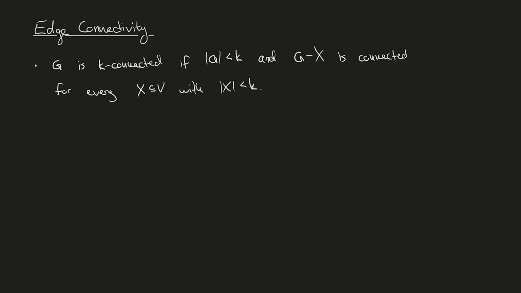Another way of saying this is that it's impossible to disconnect G by removing strictly less than k vertices from the graph.